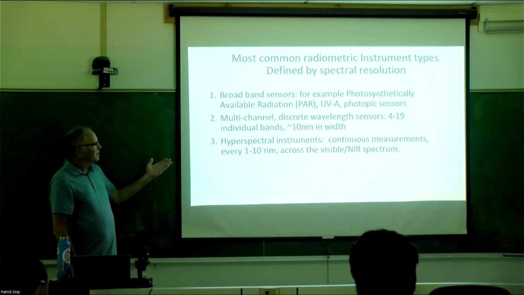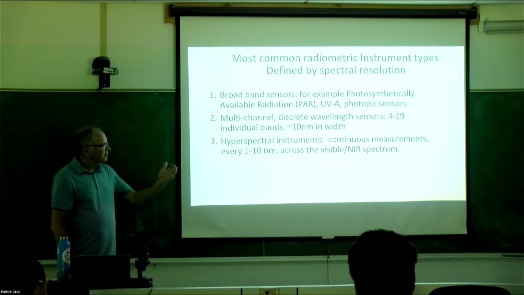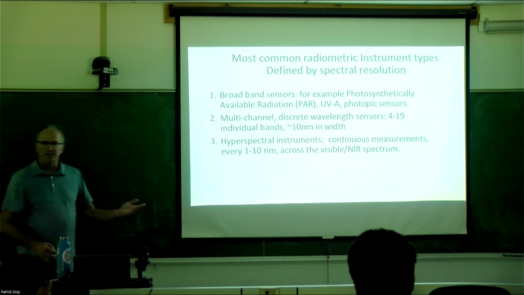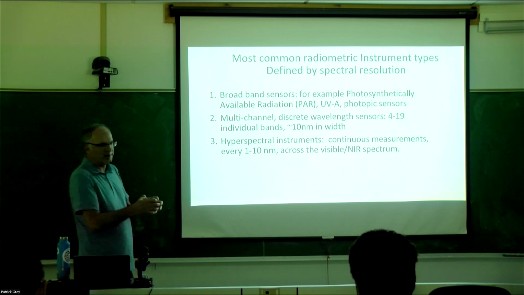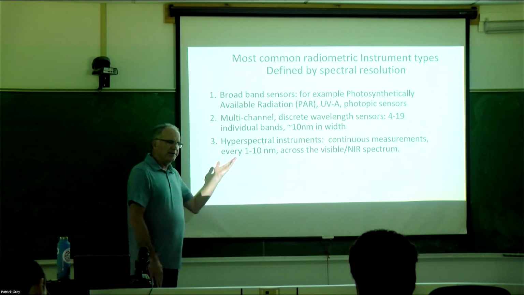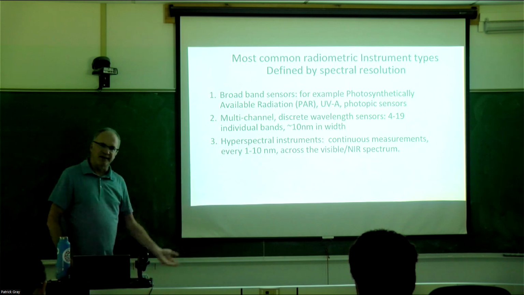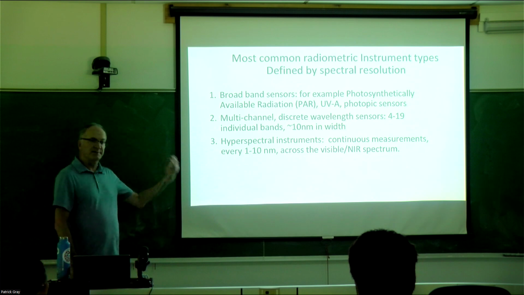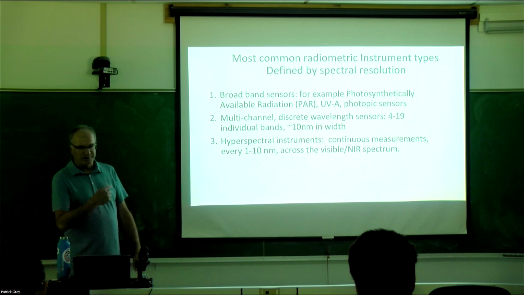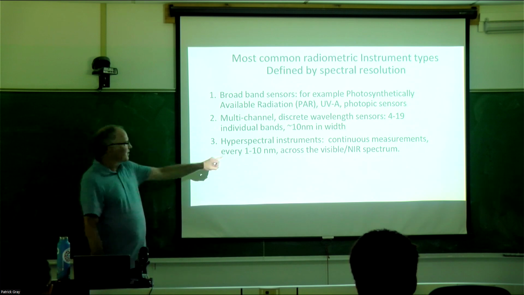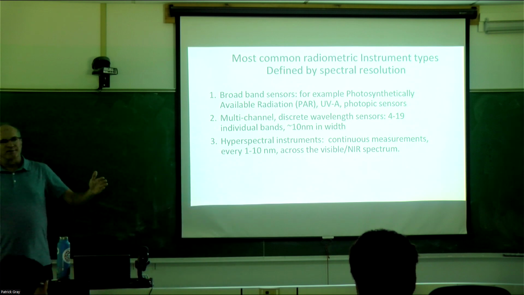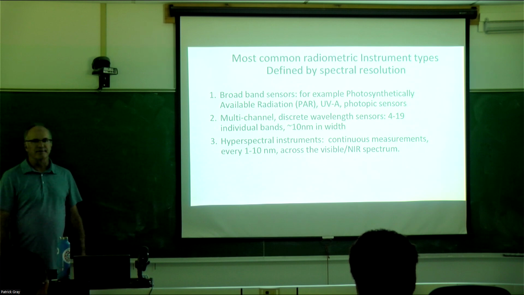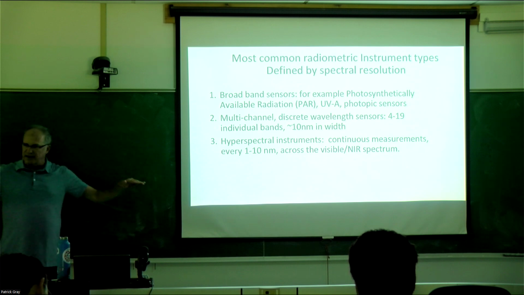Two, you can buy multi-channel discrete wavelength sensors, somewhere between 4 and 19 individual 10 nanometer bands. A lot easier to do this because you're using a photodiode instead of an expensive spectrometer, which I'll get to. And hyperspectral instruments, right? You're trying to make a continuous measurement over the spectrum, usually at 1 to 10 nanometer intervals, but you're trying to make that realization at one point in time.